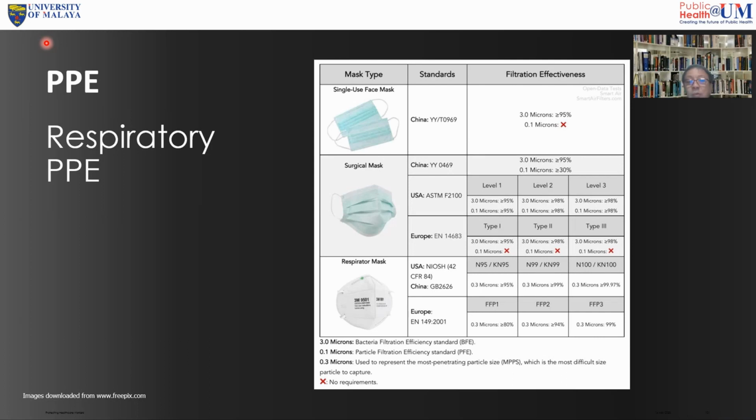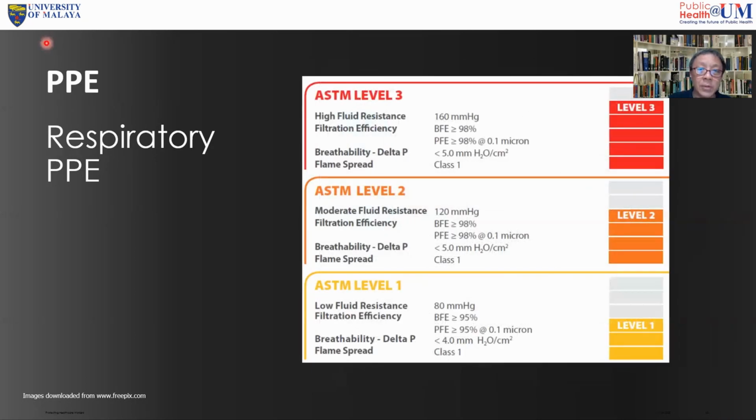It's not because it comes from a different country that the protection is different. It's the same based on the standard that they use. The only thing that you need to consider is whether the certificate is genuine or not, whether the mask is genuine or not. The second thing you need to consider is the fit testing. Fit testing is important when you're talking about respirators.